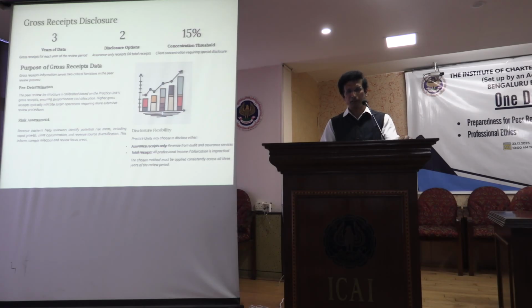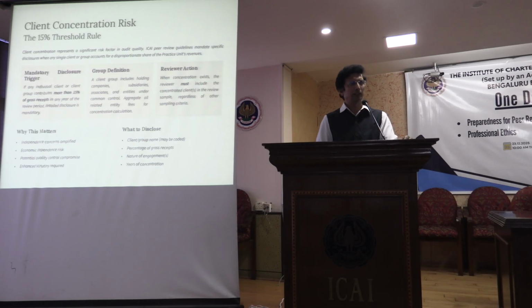Again, the 15% I'll cover in the next slide. Because here, again, all of us know, whether the PU is dependent on one client or varied clients will get decided. That's the reason I said, when you give the entire assurance billing, you also need to mention whether any of your clients, out of your total fees, is more than 15%. One. Second, why this is important is that it will show the concentration of the firm.